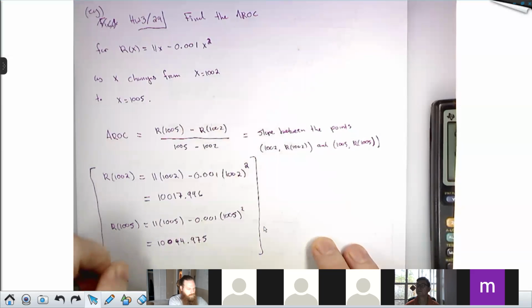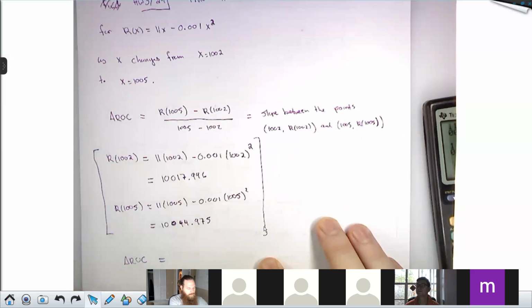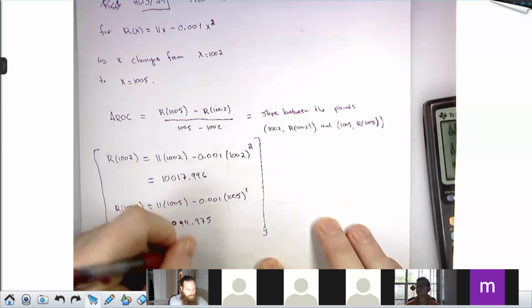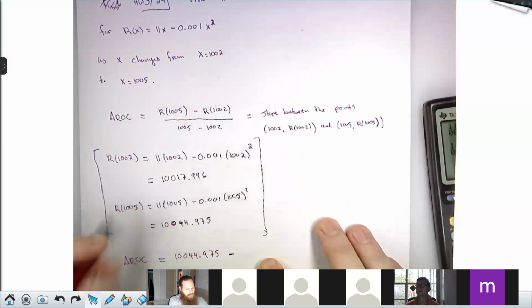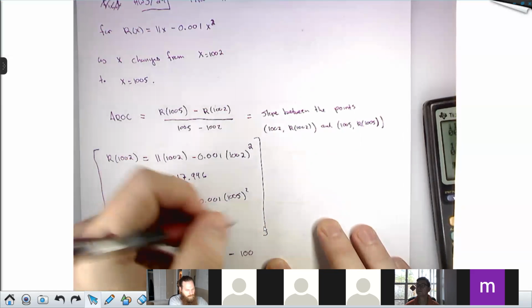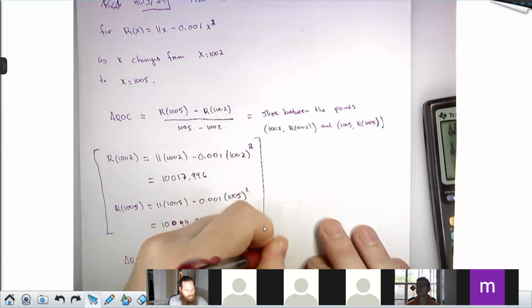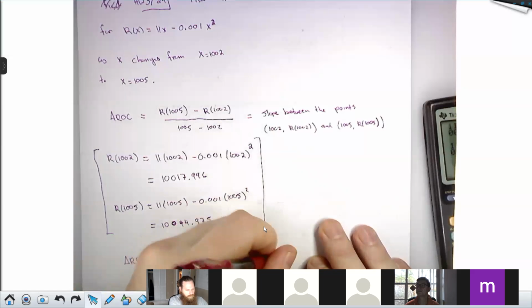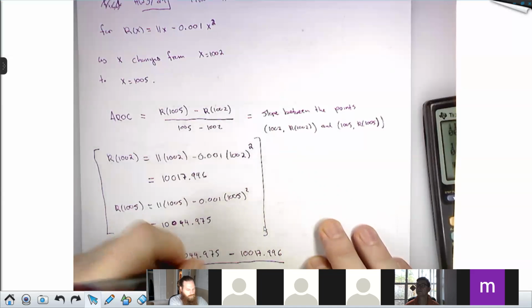And the average rate of change is going to be R of 1005, which is this number, 10,044.975, minus R of 1002, which is 10,017.996, all divided by 1005 minus 1002.